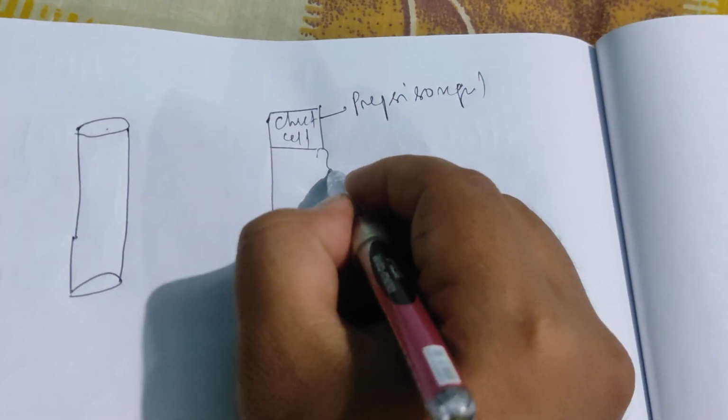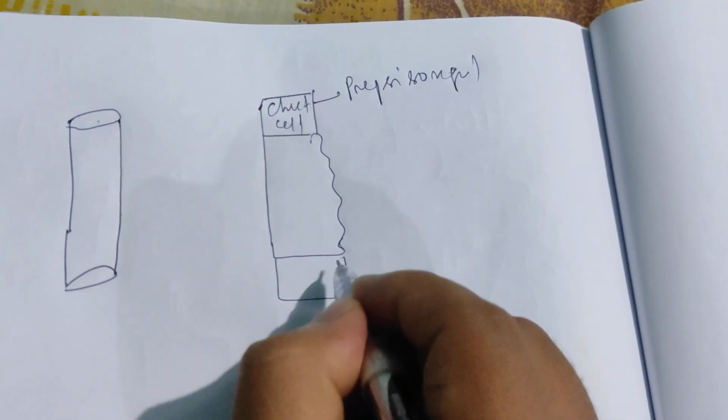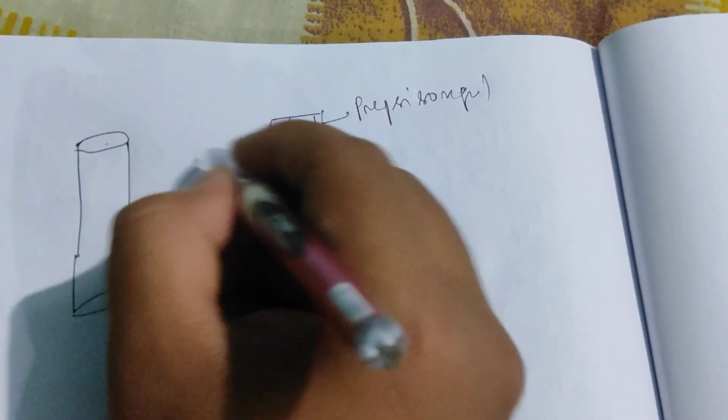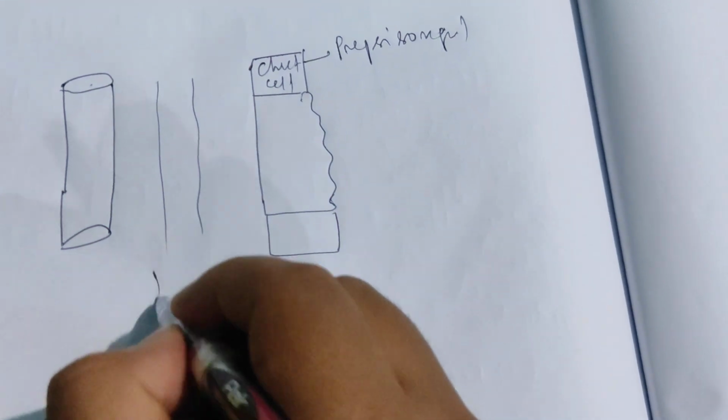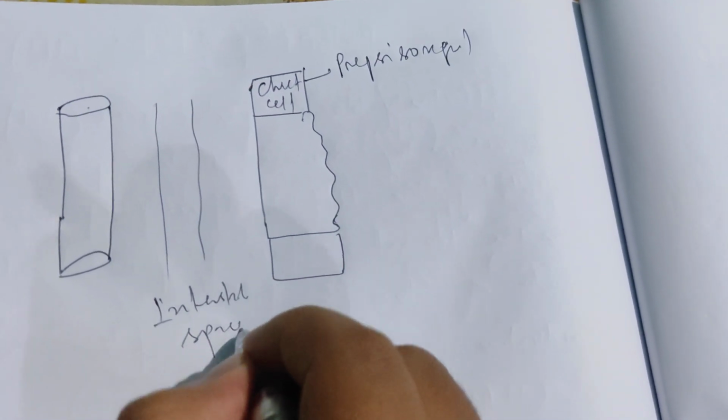And here is the parietal cell of the lining of the stomach, and this is called the interstitial space, where interstitial fluid is present.